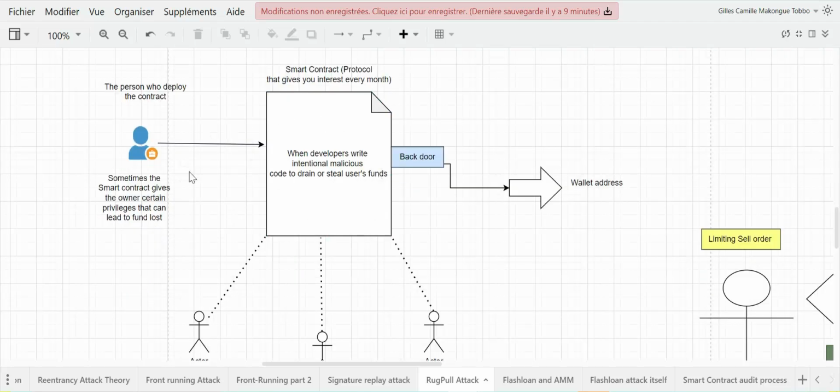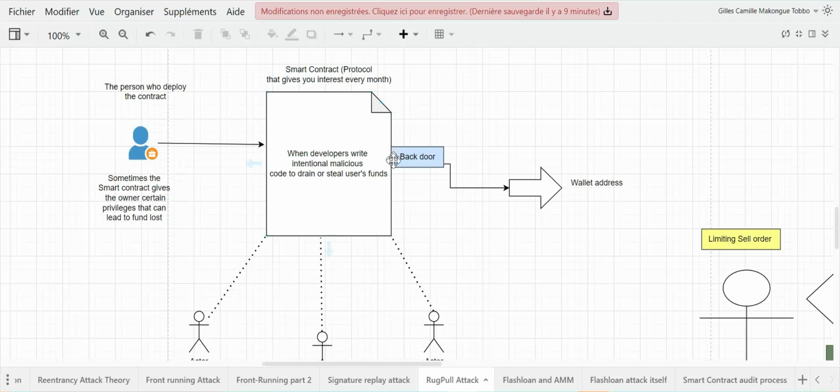So in a hard rug pull, what happens is that people deposit money to get some interest, and the owner can tell the developer, when designing this protocol, to write some code that can help transfer the money put in by investors.